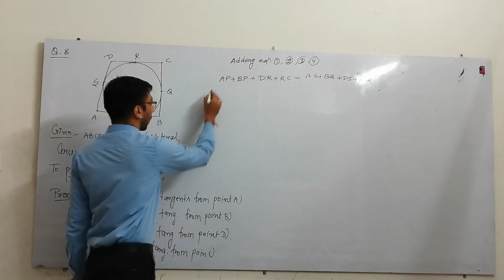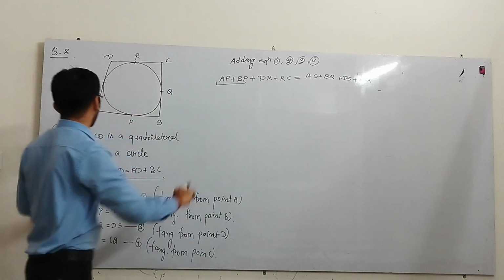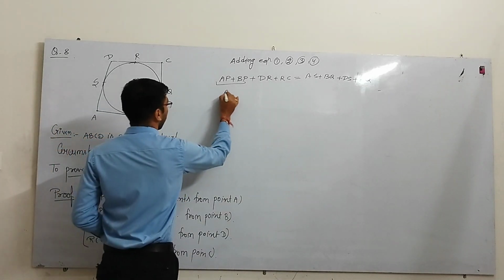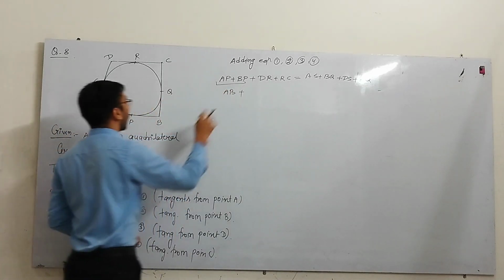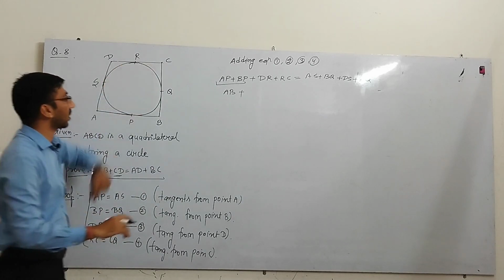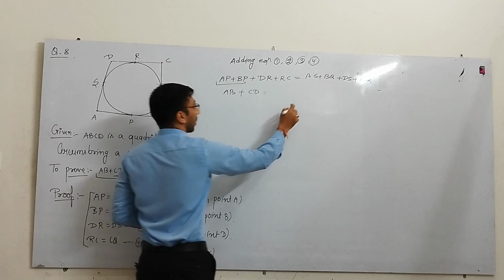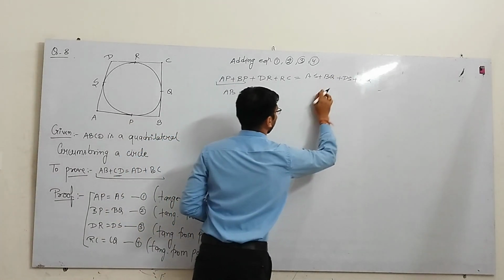Okay, now if I add AP plus BP, AP and BP will give AB, and then DR plus RC will give you CD. Then the remaining parts are not in the same order.